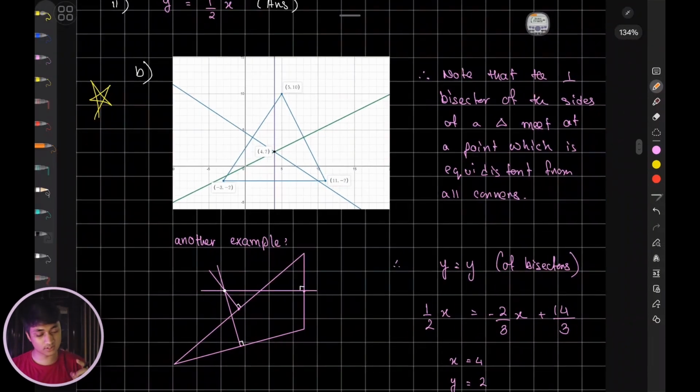And that bit of information is: whenever, notice carefully and listen carefully, whenever you draw perpendicular bisectors from all three sides of the triangle, the point at which the bisectors intersect is supposed to be the point from which all the vertices or corners are going to be equidistant.